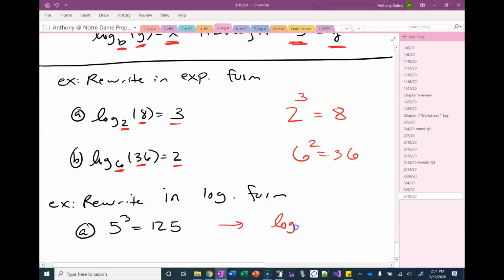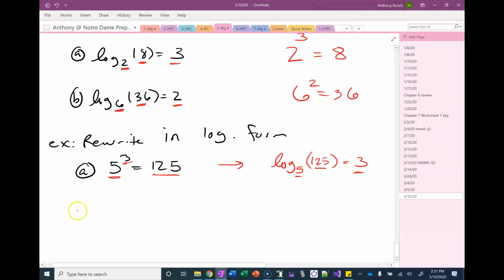So we say log base 5 of 125 is equal to 3. So there's my base, the solution is my argument, and the exponent is the solution. Is everybody okay moving back and forth between these two? Should be pretty easy, right? You're just looking at the two forms and putting the numbers in the right places, basically.